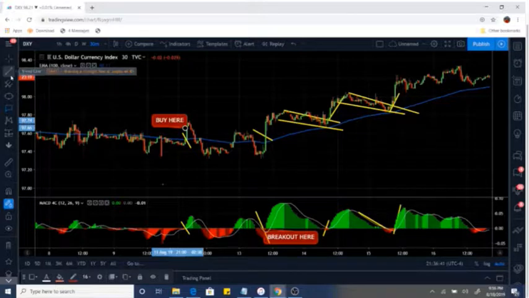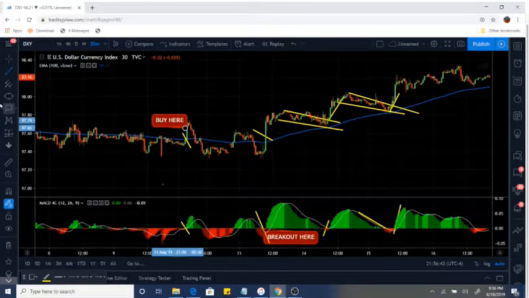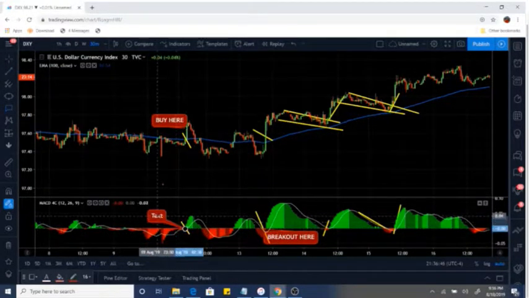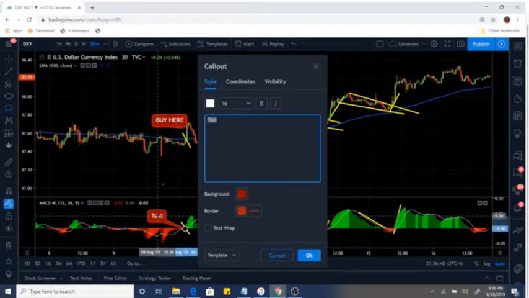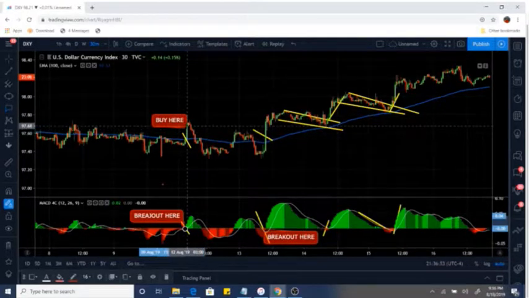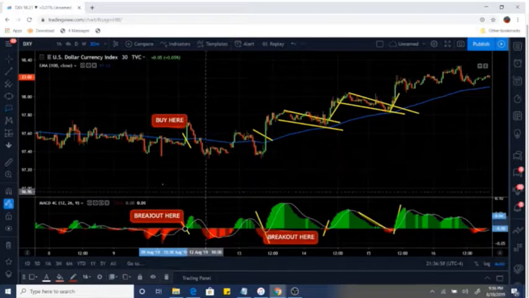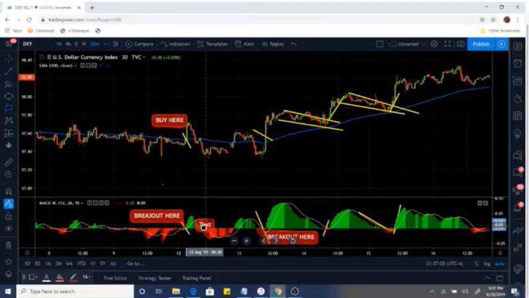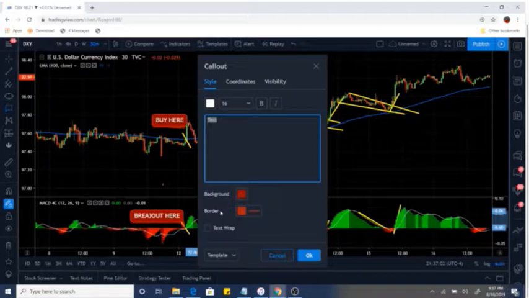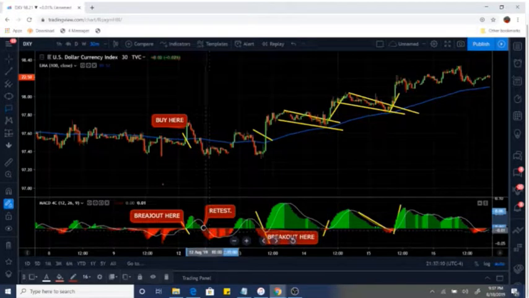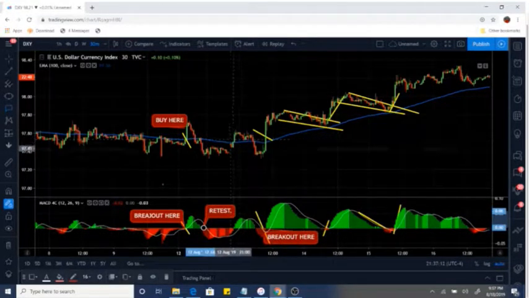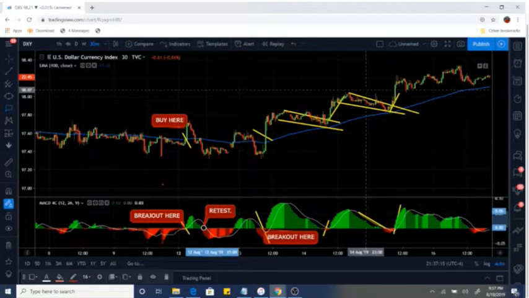Look what happens. I got my breakout because I see a MACD crossover. I'm following all my moves. Breakout here. So I buy. But look what happens. Price comes back down under. The problem is when this came back and retested, you didn't get the proper confirmation to buy into the trend.